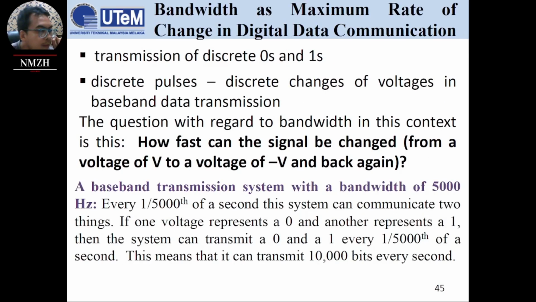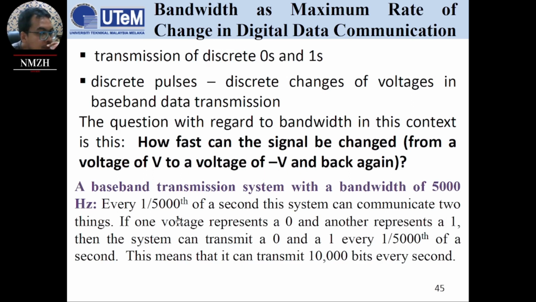So bandwidth is a different thing. This is the example at the beginning: transmission of discrete 0 and 1, discrete pulses. So the question with regards to bandwidth in this context is, how fast can the signal be changed from a voltage of V to a voltage of minus V and back again?